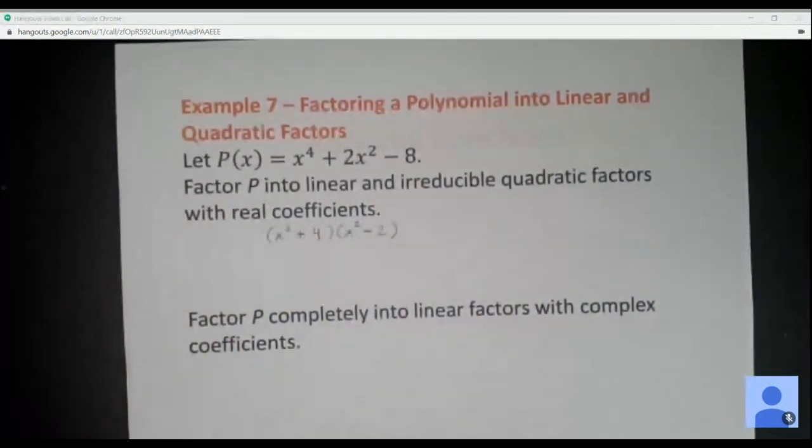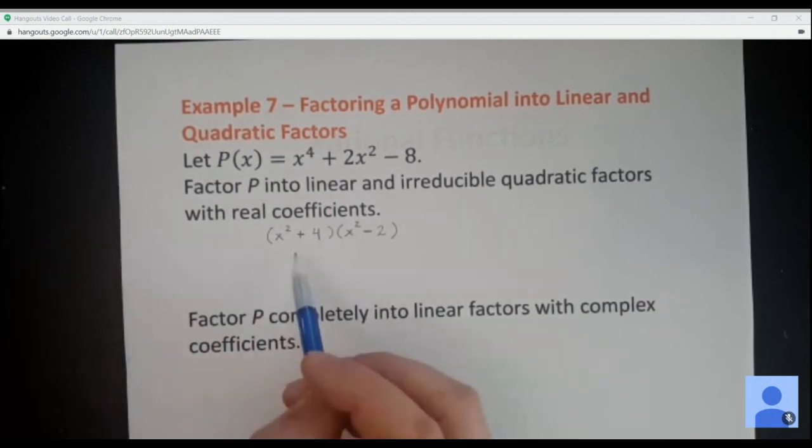Now, if we look at this, can we factor either one of these any further than that? Okay, so the x squared plus 4 cannot be factored.